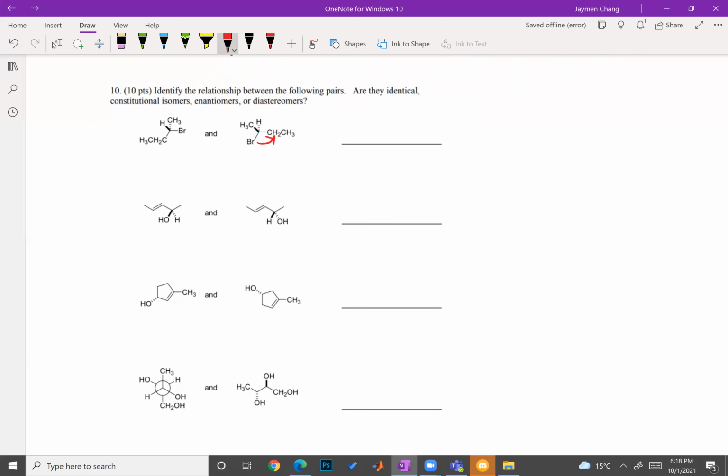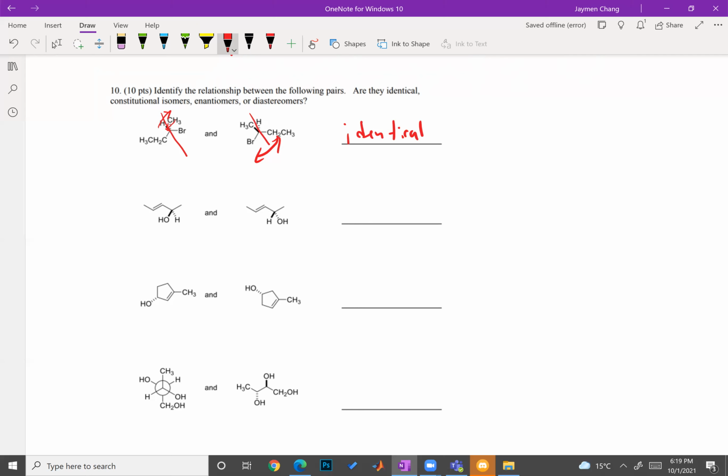If we rotate it like this to take the CH2CH3's position, and the H will actually be able to take the, actually, sorry, a better way to rotate it would be to rotate it in the plane of the page. And we'll see right away that this is an internal mirror plane, which will give us this coming out and the H going back in. So imagine you had a pole down the middle, and we would see that these two things are actually the same. So they're going to be identical.